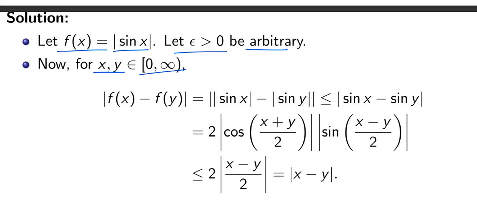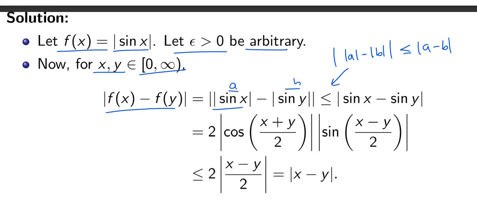Now for all x we want to check whether it is uniformly continuous on 0 to infinity or not. So we choose any x, y in 0 to infinity. Then modulus of f of x minus f of y equals modulus of sin x modulus minus sin y modulus. We know that the absolute value of a minus b is less than or equal to the absolute value of a minus b. So we apply this here, taking this as a and this as b, so this must be less than or equal to modulus of sin x minus sin y.